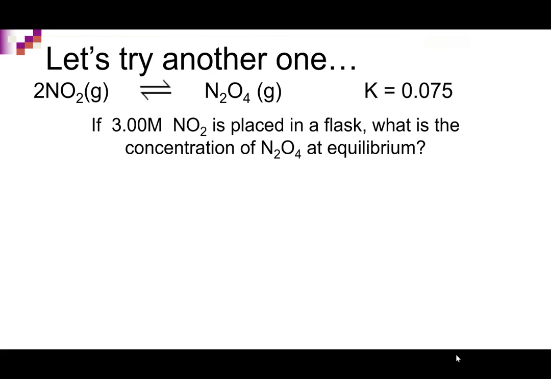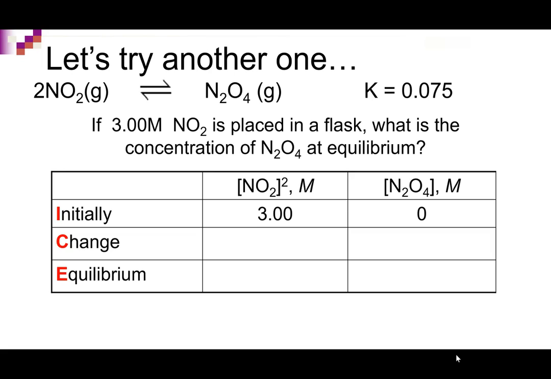All right, so we are given initial concentration, and it's asking us for equilibrium concentration. So we're going to start with our ICE table: initial, change, equilibrium. We've got our reactant, we've got our product.